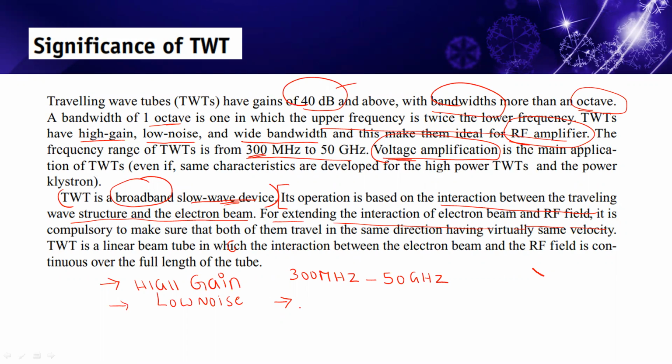So the field is retarded, slowed. By all these phenomena, traveling wave tubes are normally called slow wave structures with a retarded field.